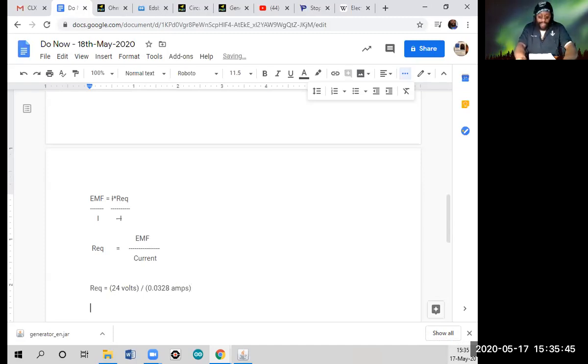When you calculate that out, you get a new value of REQ equivalent to 731.71 ohms. Because remember, this is equivalent resistance, so it's got to be measured in ohms.